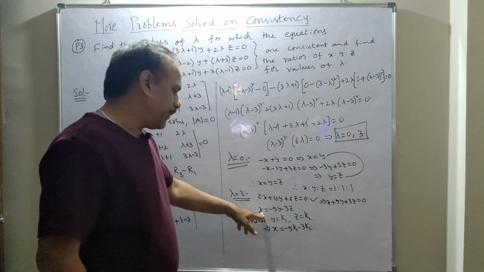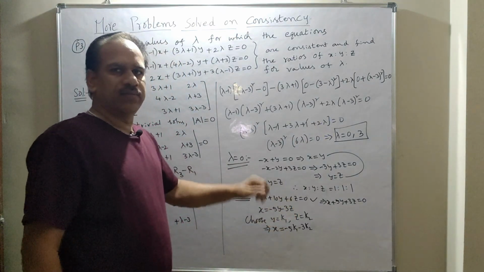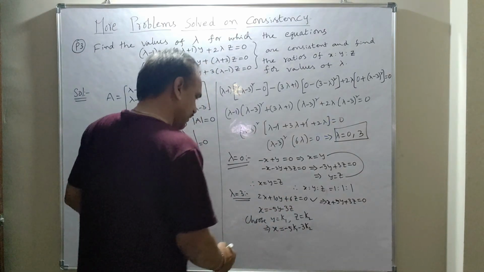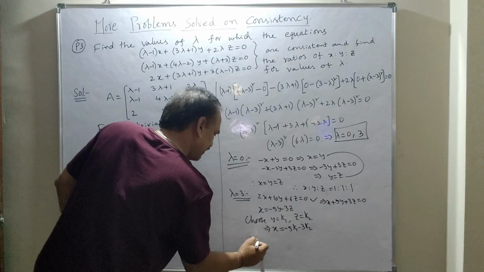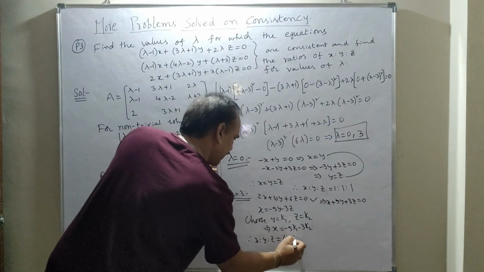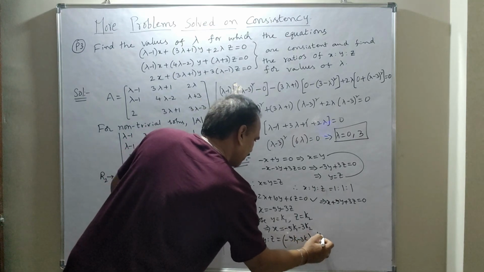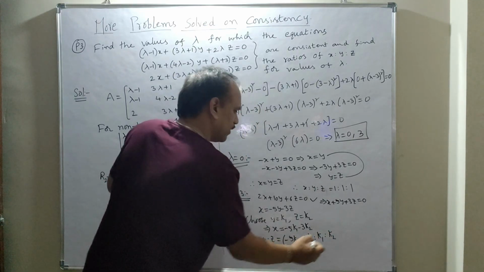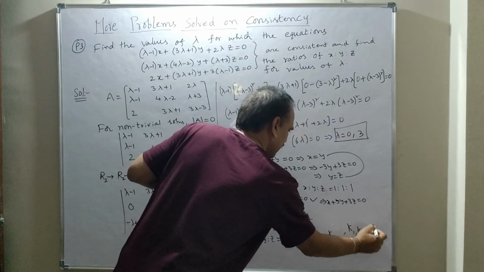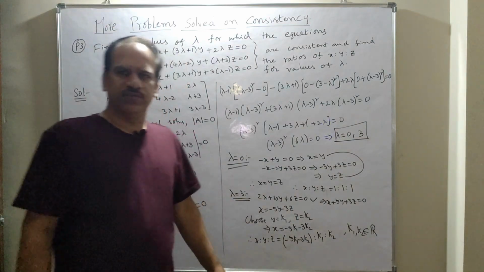So you have only one dependent variable x, which depends on y and z, and two independent variables y and z, which are chosen. So therefore, x is to y is to z in this case is minus 5k1 minus 3k2 is to k1 is to k2. k1 and k2 are some real numbers. So this is how we can solve these kinds of problems.